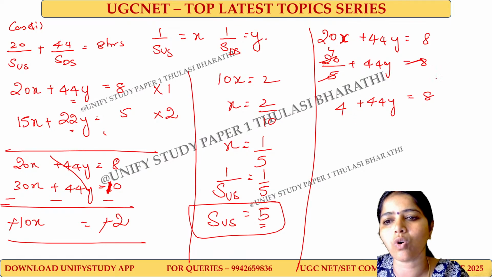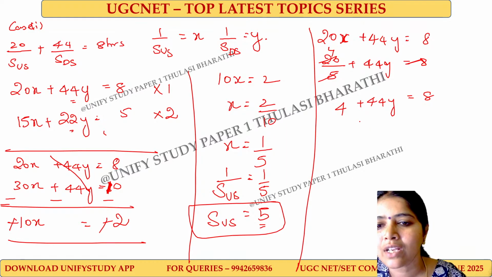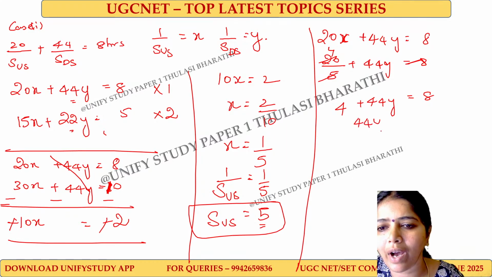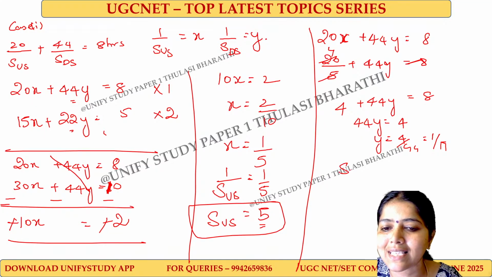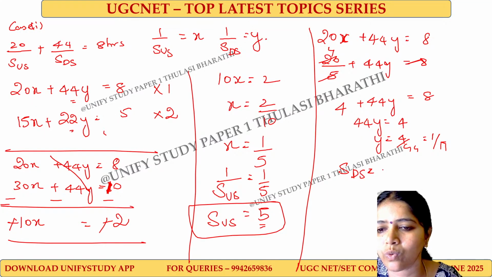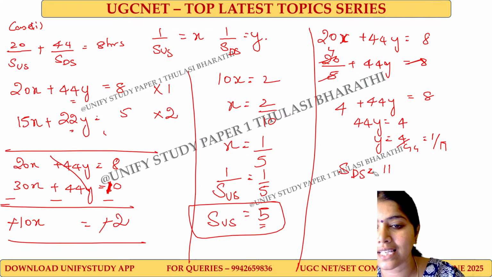When this goes over here, it becomes minus. So 44y is equal to 4. So y is equal to 4 by 44, that's equal to 1 by 11. So y is equal to 1 by 11 means SDS is equal to 11.